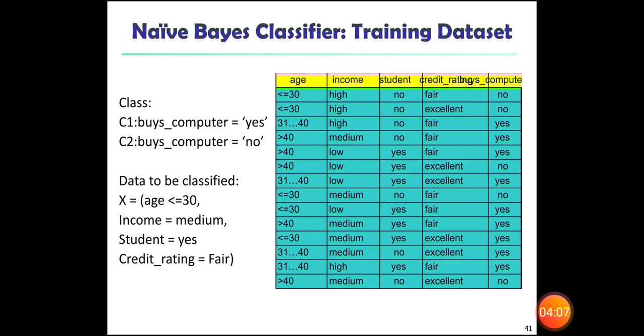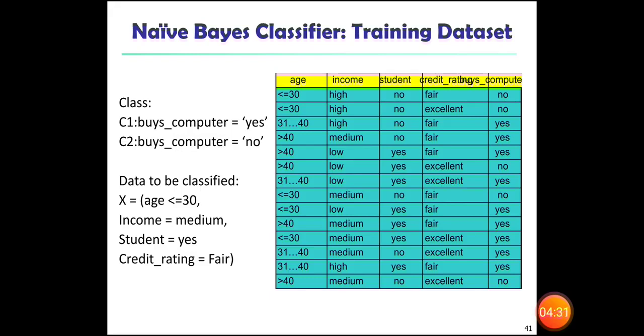Now the given data can be classified like X equal to age less than 30, income equal to medium, student equal to yes, and credit rating equal to fair. Like this we can categorize the values presented in the training data set.